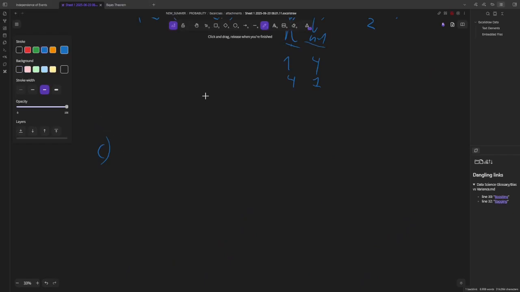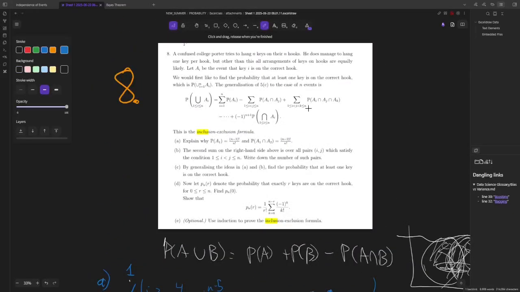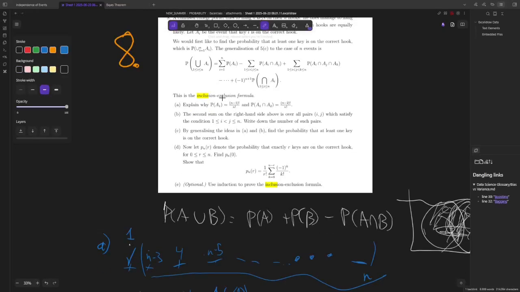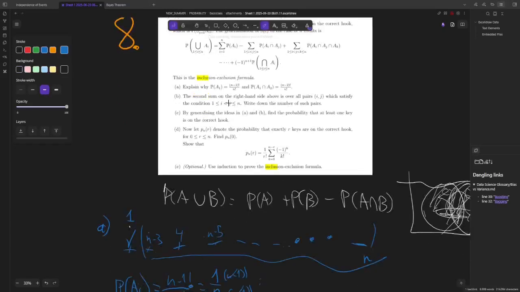So let's see. And this is first how many ordered pairs there are. So this is n because you've got n keys.